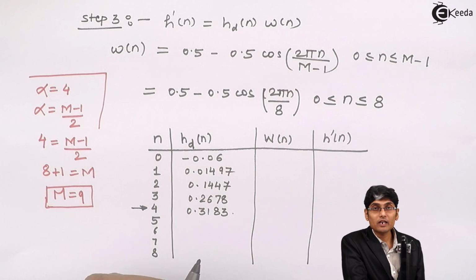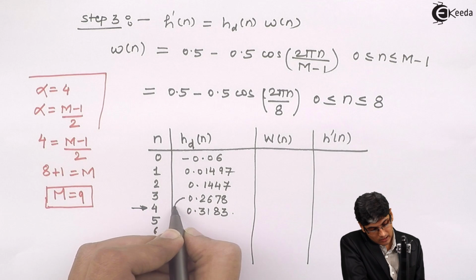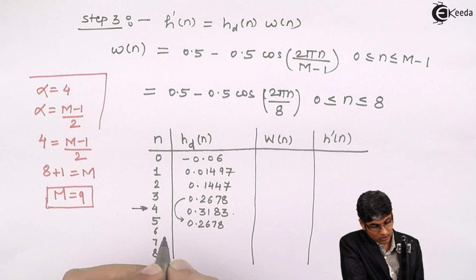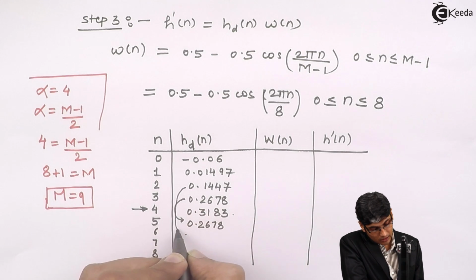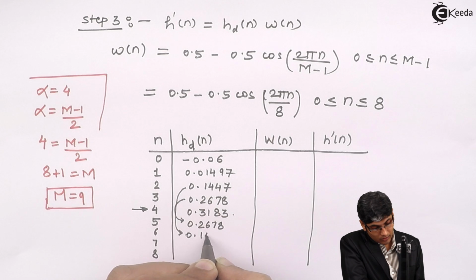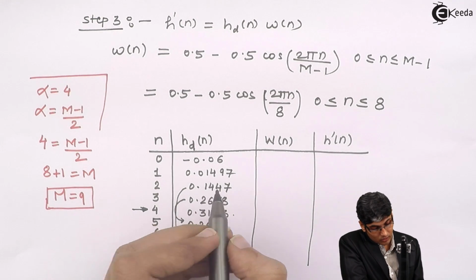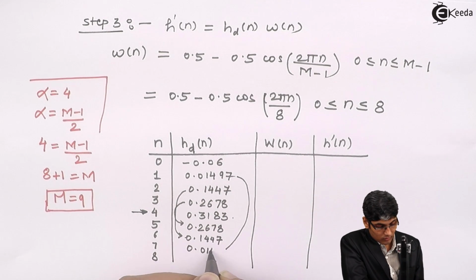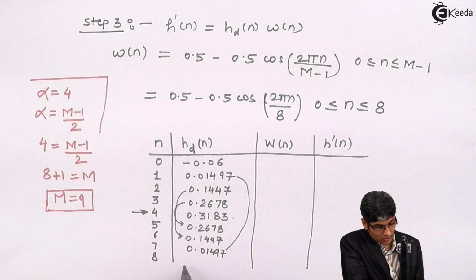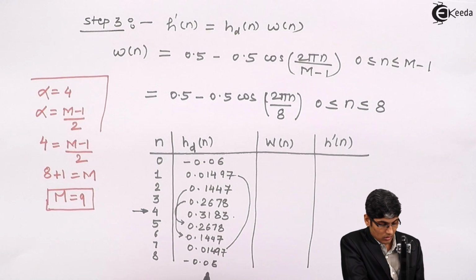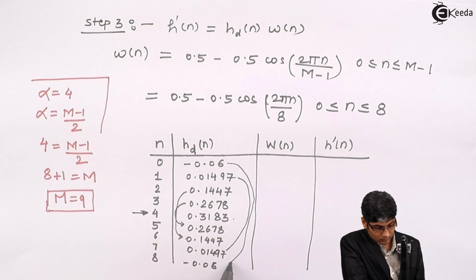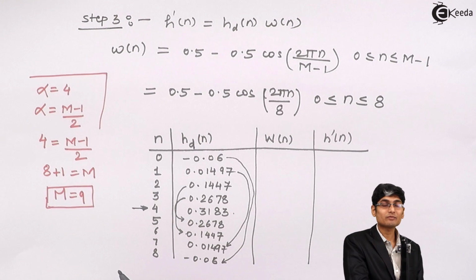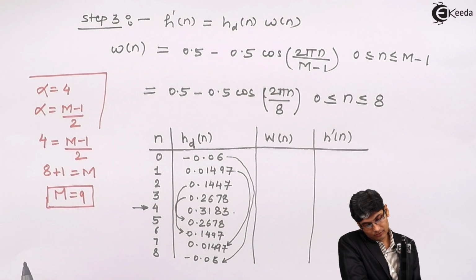Okay, because we are dealing with a linear phase filter, this value is going to replicate over here, so it will be 0.2678, then this value will come again, so it will be 0.1447, then you will get 0.01497, and finally you will get minus 0.06, which is this value. Okay, so you are going to get this because we are dealing with a linear phase FIR filter.